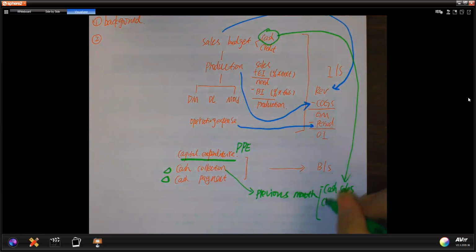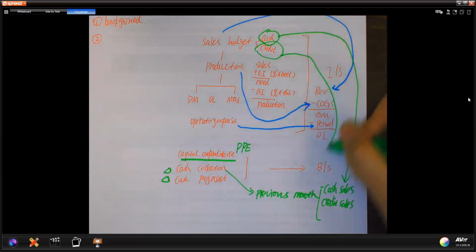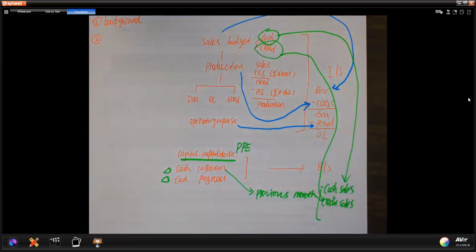And then your credit sales, some will be collected from this month, some from your previous month. We always look at the previous month or 2 months ago. So if you do January, you have to look at November, December. So when you do cash collection, you collect from your previous months, and it focuses on the credit sales.